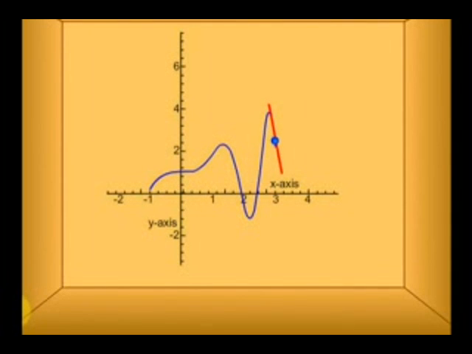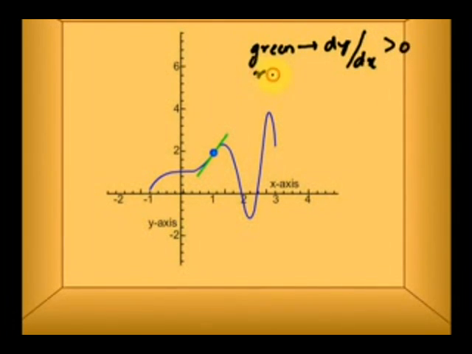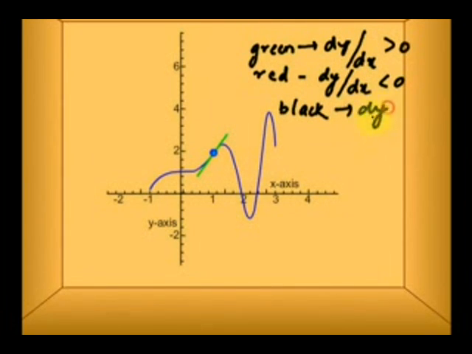The points for which it is red in color represent the points for which dy by dx is negative, and the points at which it is black represent the points where dy by dx is equal to 0. So green represents dy by dx positive, red represents dy by dx negative, and black represents where dy by dx is equal to 0.